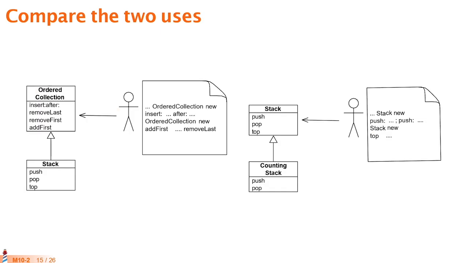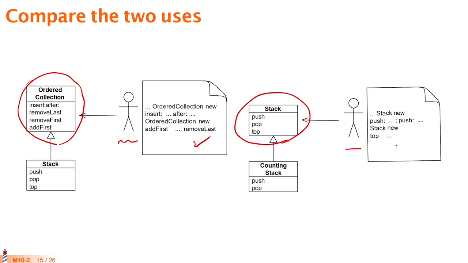Let's compare with the previous case. We have here a user of our code whose program is basically using an ordered collection, and this program works perfectly. On the other side, we have another piece of client code that is using the stack and the operations defined in a stack, and this program also works correctly.